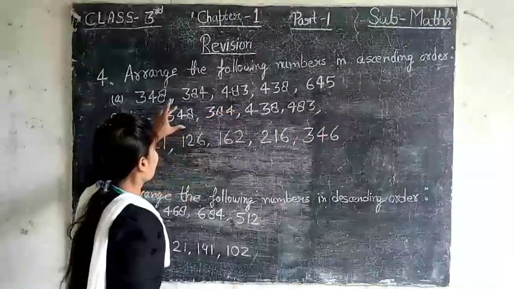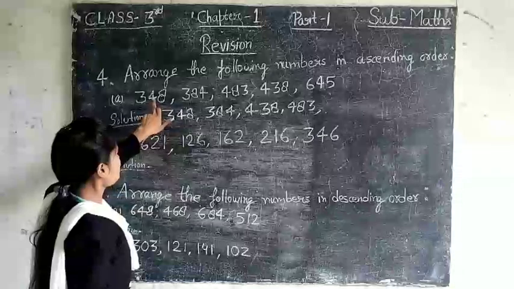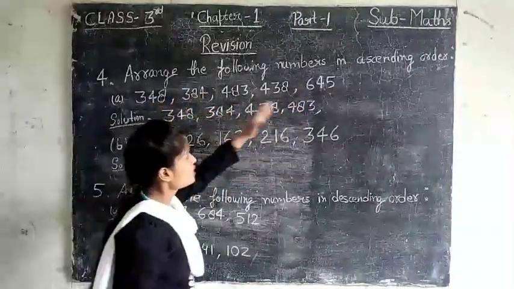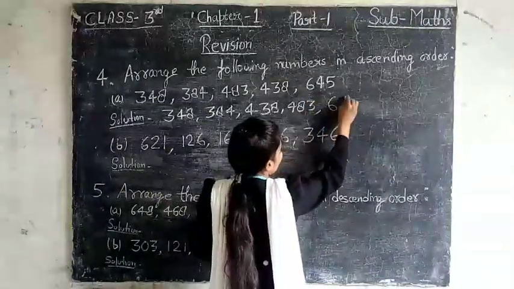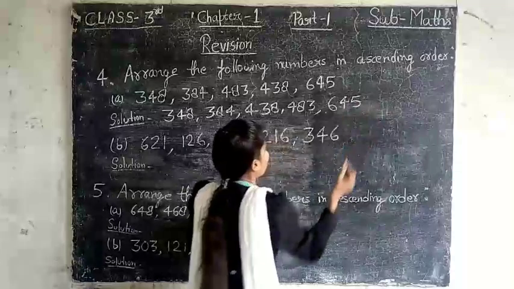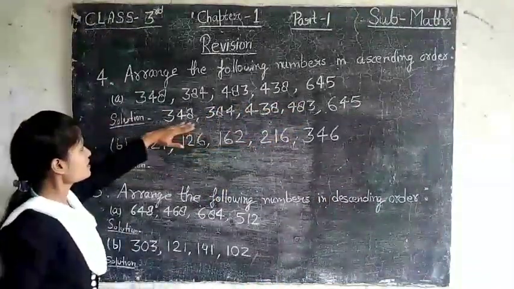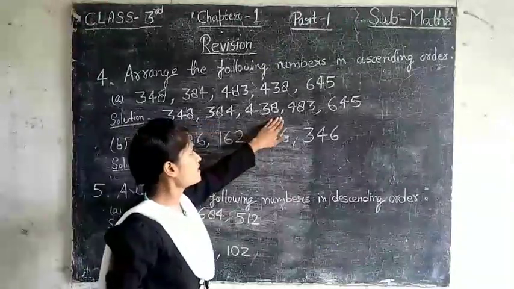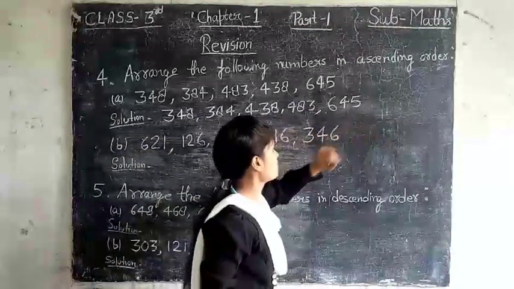Now 4 numbers are written, and the remaining one, which is last, is 645. This order is ascending order, which is read as 348, 384, 438, 483, 645.